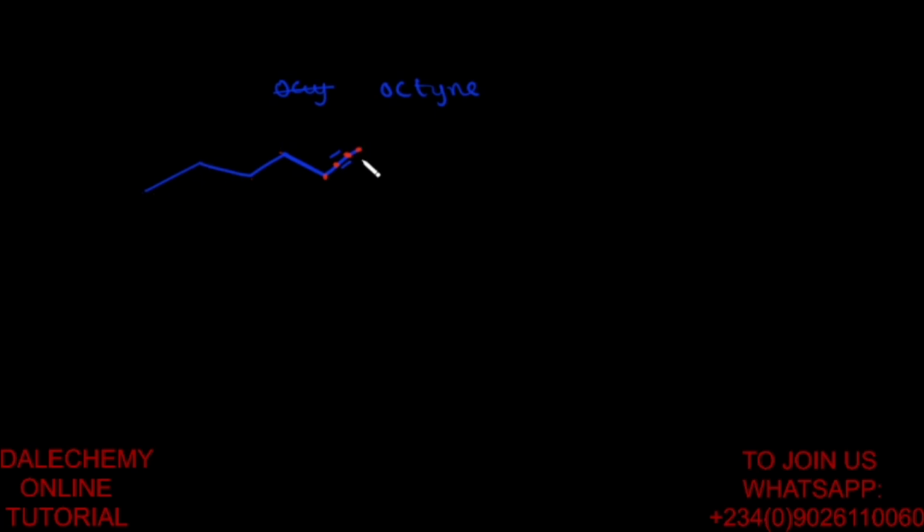So if you want to do it, you have to break the triple bond. Let me redraw it. It's going to be something like this, and you have to break the bond. When you break it, you have something like this, with double bond oxygen. Then that same carbon, you're going to add OH, and this one is going to be just like this, oxygen, and we have OH. So this is going to be 1 2 3 4 5, that is going to be pentanoic acid.